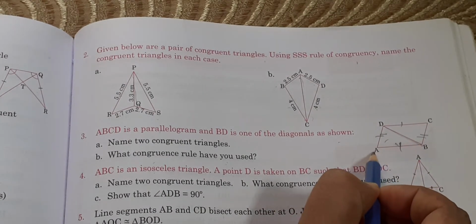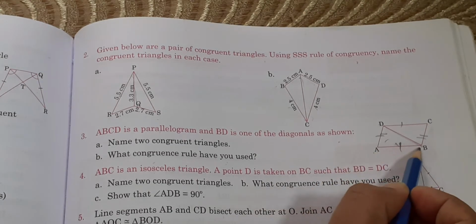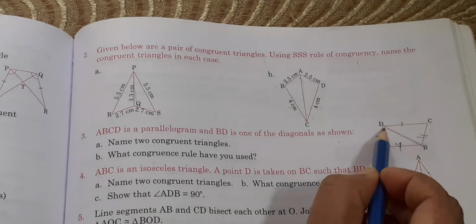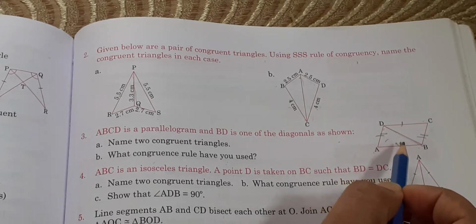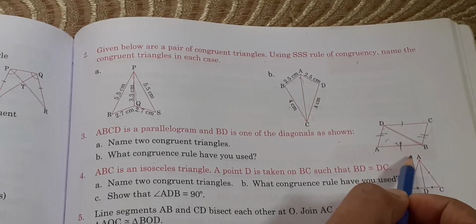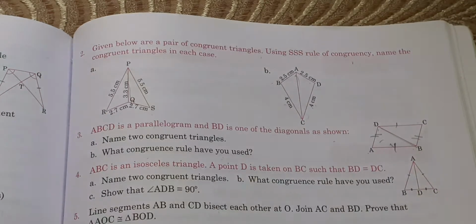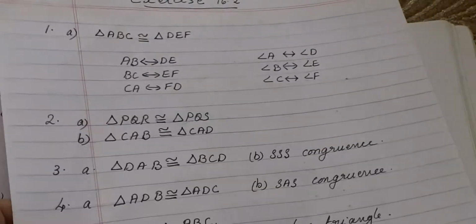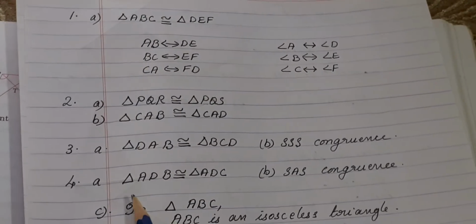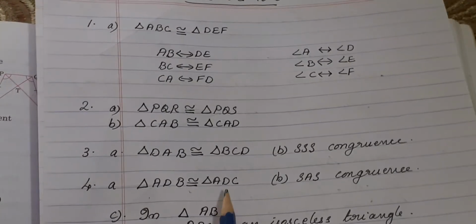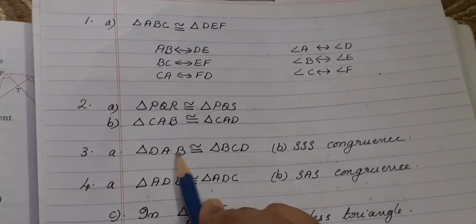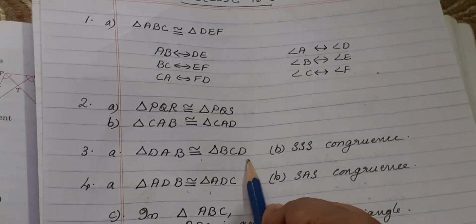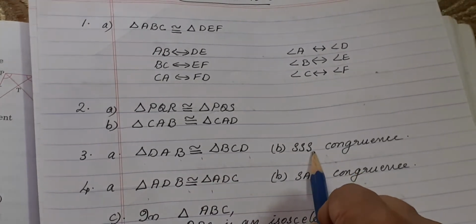So we can consider triangles DAB and BCD. Okay, so the two triangles will be congruent by which congruence? SSS congruence. So how you have to write that one? Triangle ADB is congruent to triangle BCD using SSS congruence.